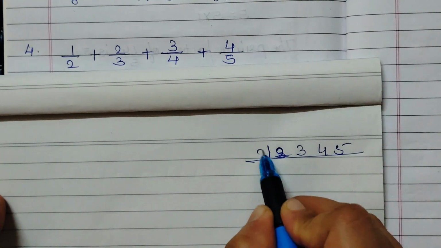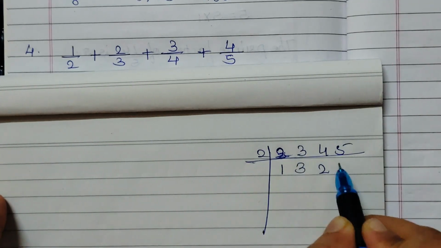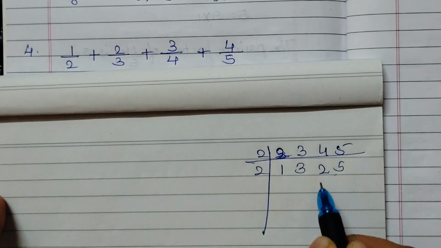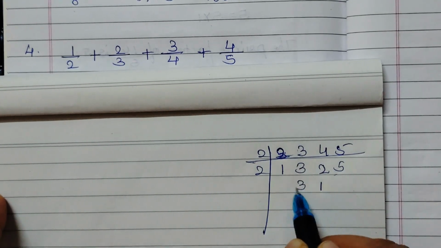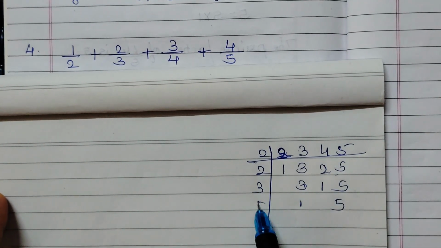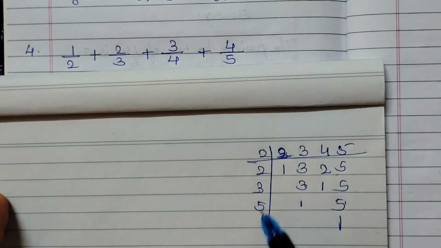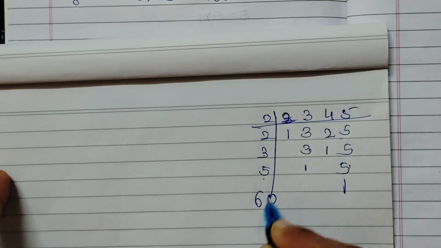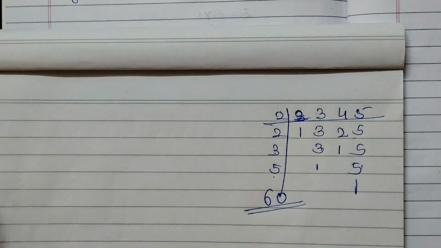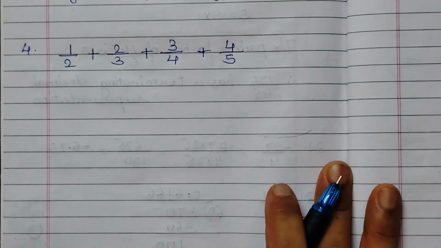So 2 ones are 2, 2 twos are 4, 3 comes down, 5 comes down as it is. Again 2 ones are 2, 3 comes down, 5 comes down, 3 ones are 3, 5 ones are 5. So what did I get? 2 twos are 4, 4 threes are 12, 12 fives are 60. So the LCM is 60.